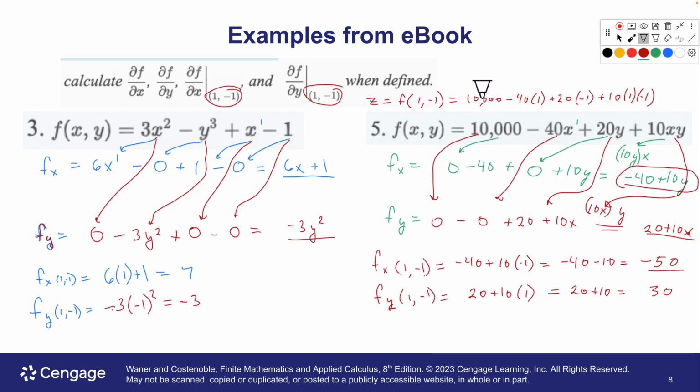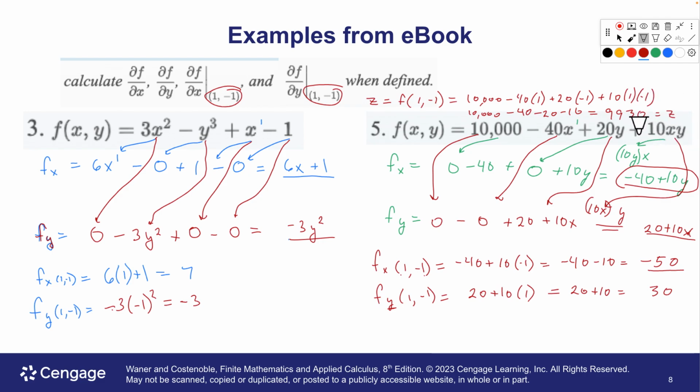Let's see, that's going to give us 10,000. It's 40 minus 20. This will be negative 10. So that is, oh, these are a bunch of negatives, 60, 70. So 10,000 minus 70 is going to be 9,930. That's what z is equal to.